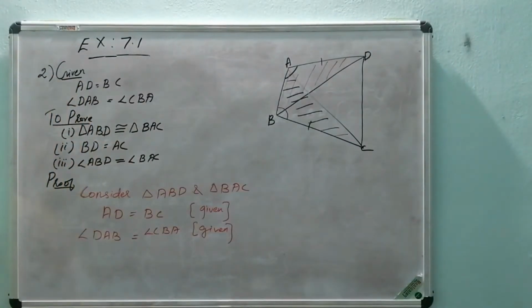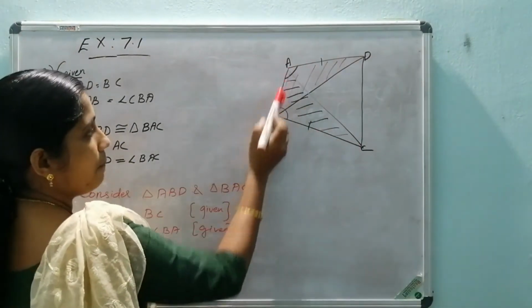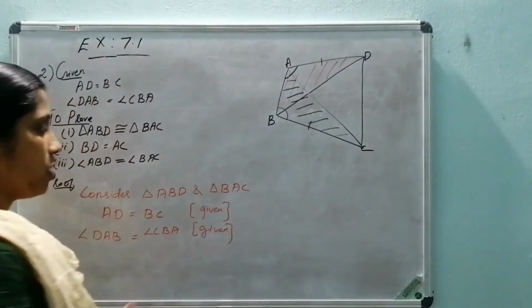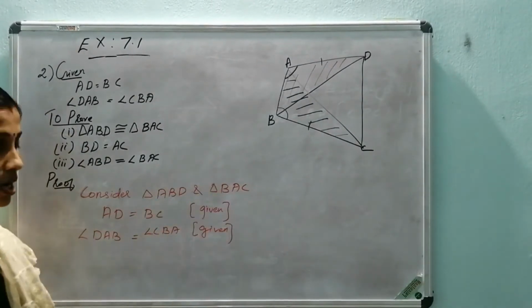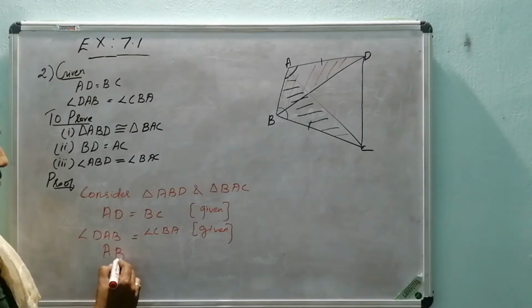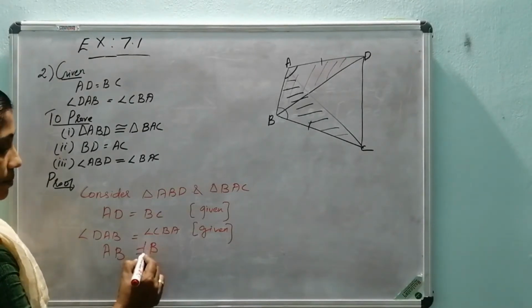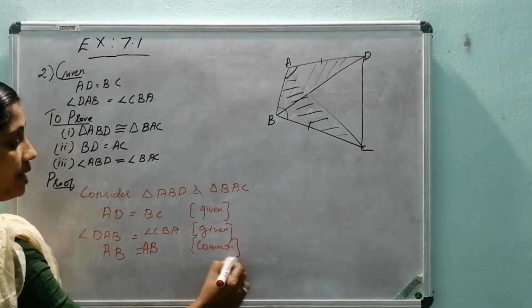Anything common there? AB, both sides AB is common. Here AB, here also AB. So we can write AB is equal to AB, that is common.